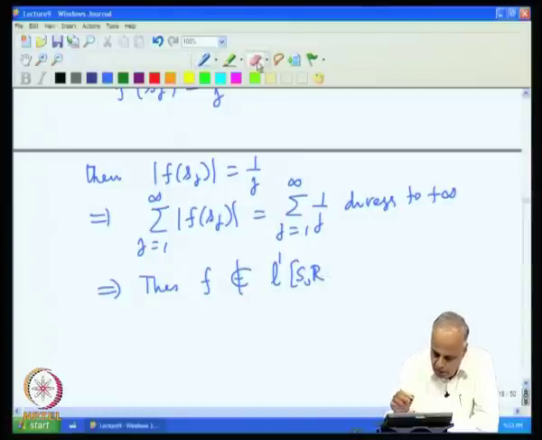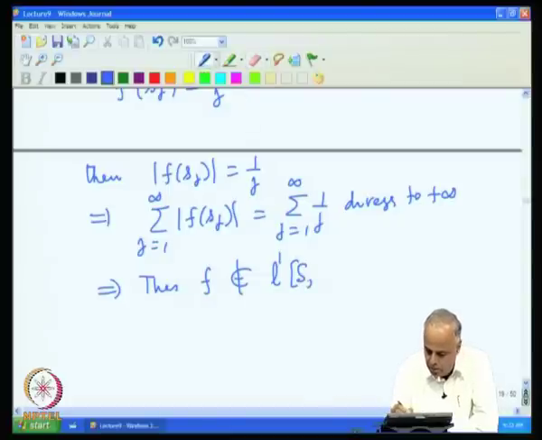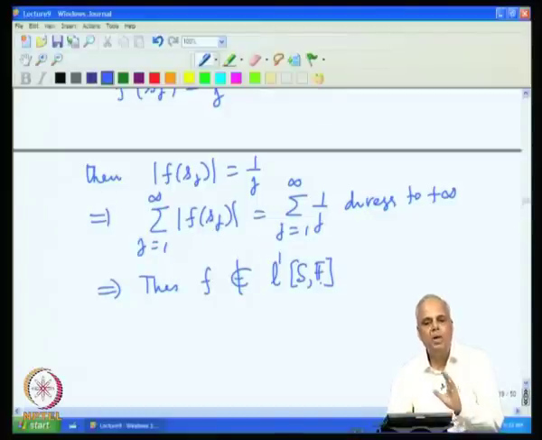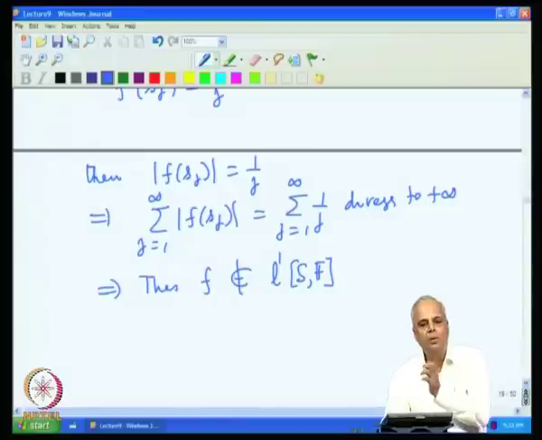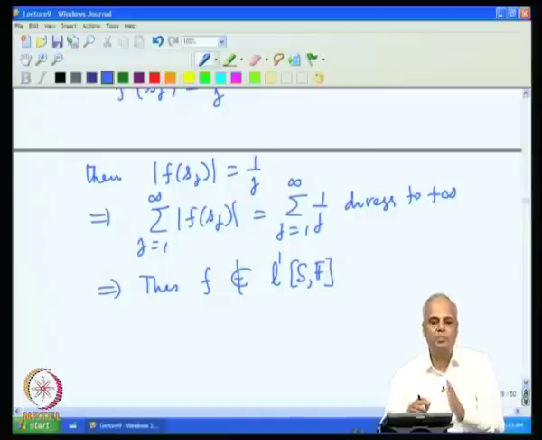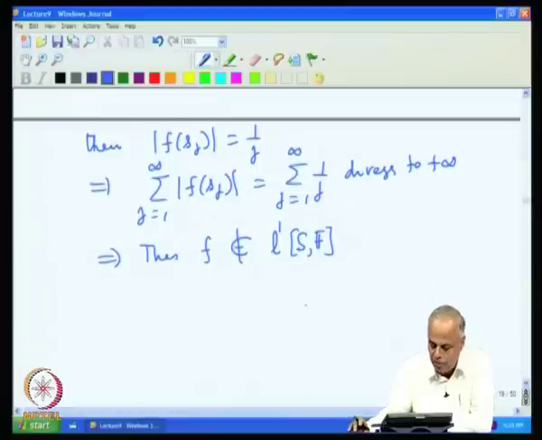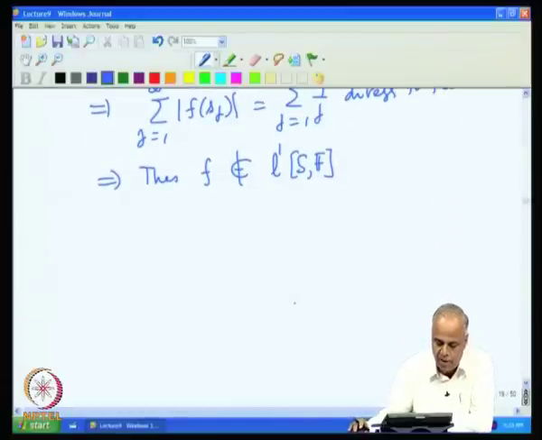Or let us take a general f, f can be real or complex. So, therefore, we have some f's mapping from S to R that are in this L 1, and some f's mapping from S to R which are not in this L 1. This L 1 consists of all those functions from S to R for which this total sum in absolute value is in control, it is finite.